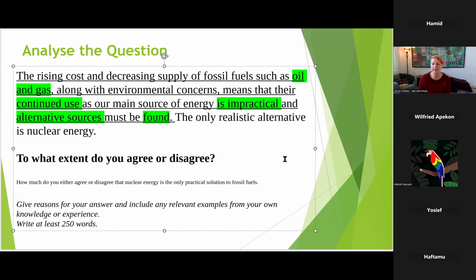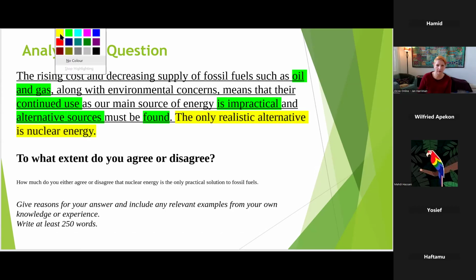But where is the opinion statement in this? What are they asking for you to agree or disagree with? So this is setting up the condition, but do you see that this is the question statement? All right.